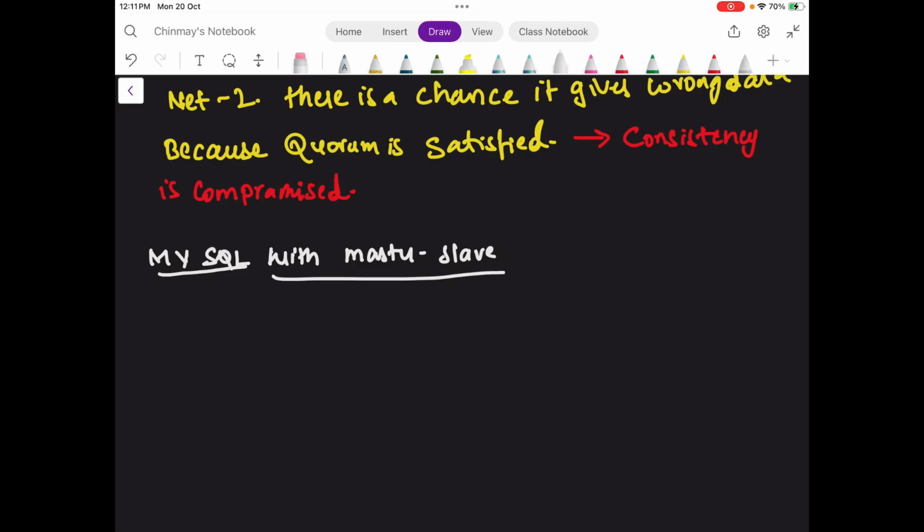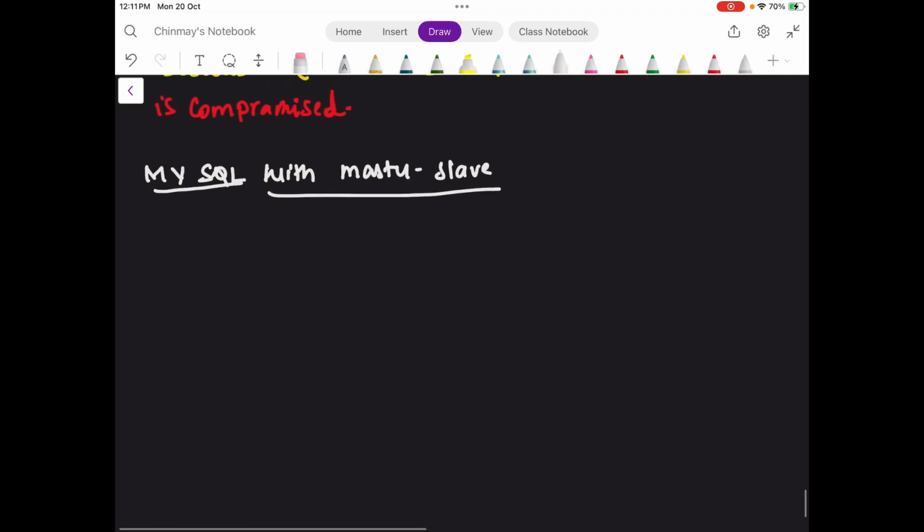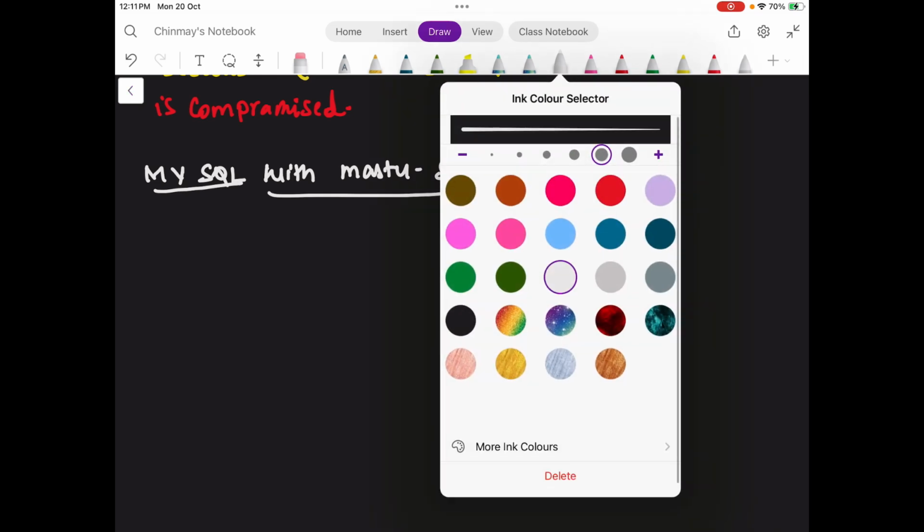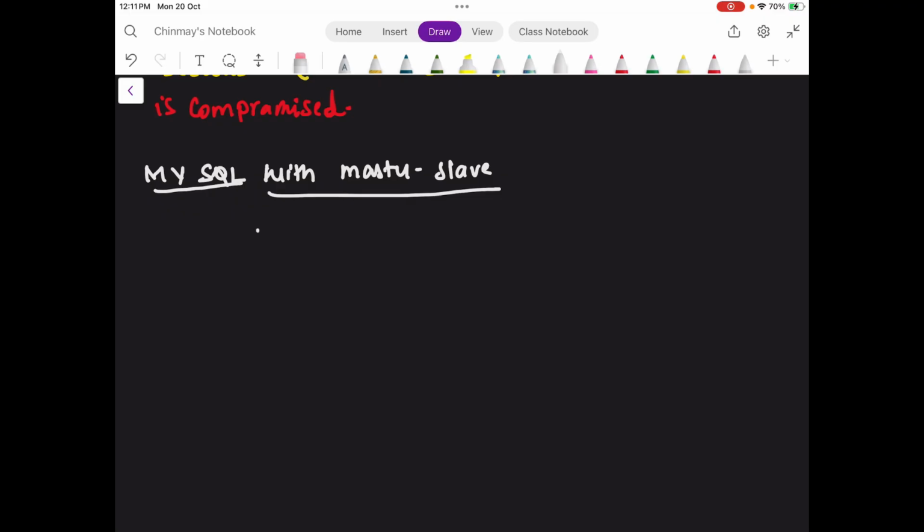Let's see what is compromised here, whether it will be the CP or AP. Let's check. Okay, again we have 3 nodes. We have network 1, we have network 2.